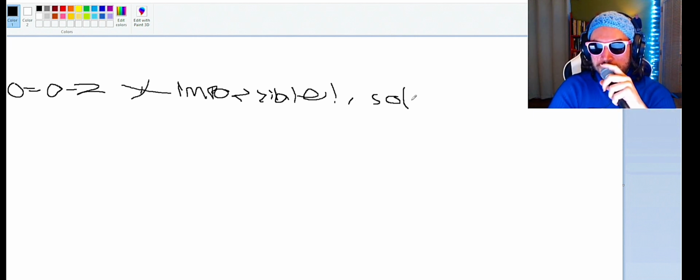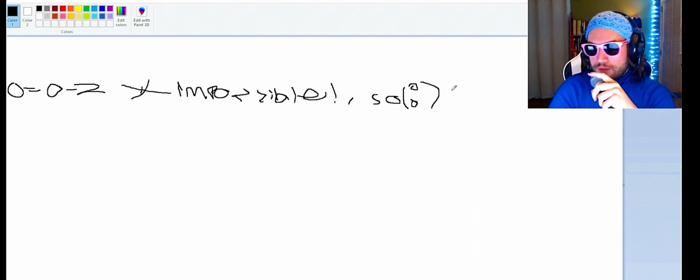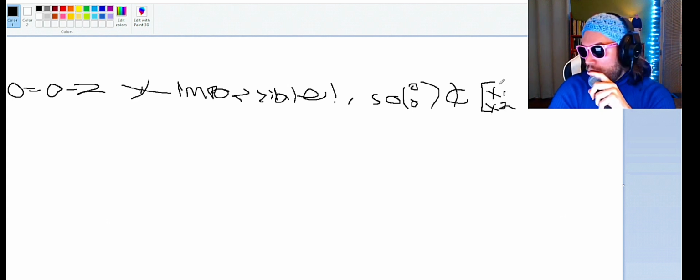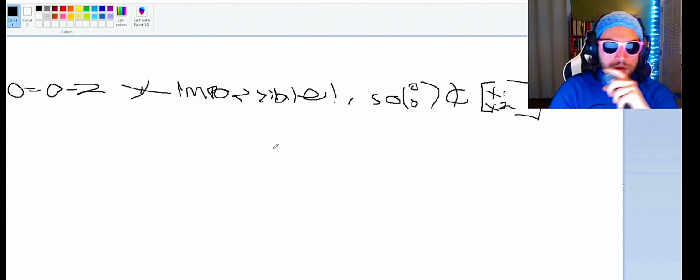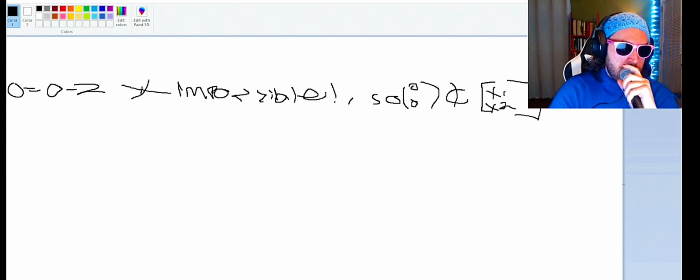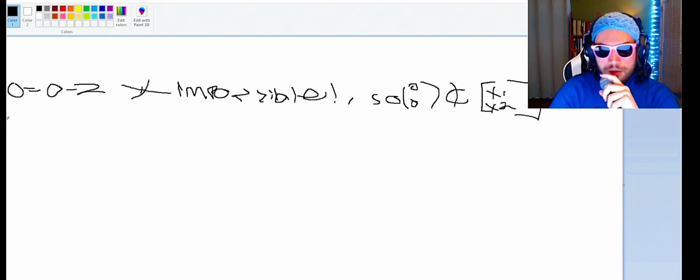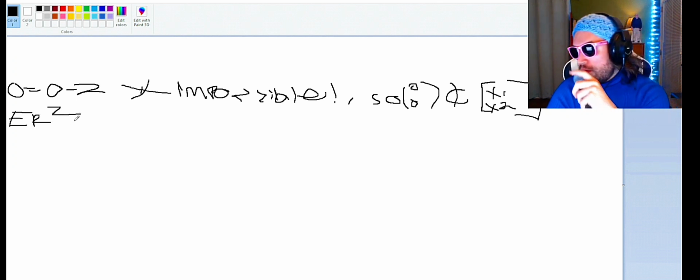So 0 over 0, x1, x2, and then I'm running out of space there, but in R squared.